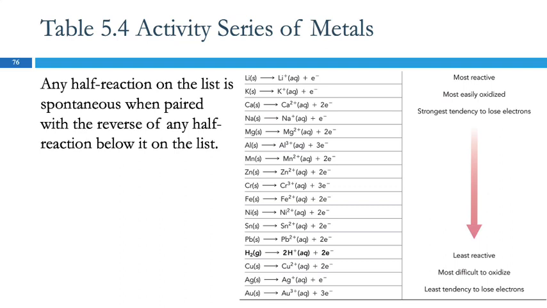So if we look at that reaction that we were just talking about, where we had magnesium going to magnesium ion, and we had copper, oops, I almost made that into an arrow, but I saved it. It's a plus.